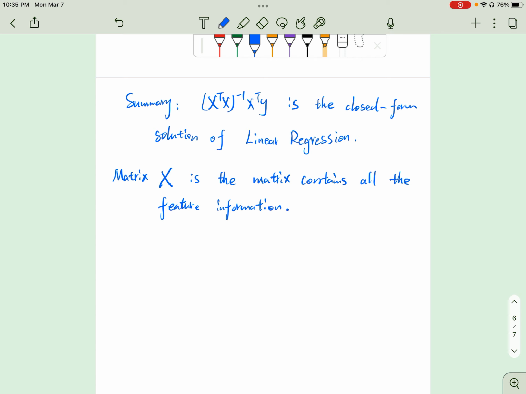And what about vector y? We have vector y here. Vector y contains all the labels or ground truths.